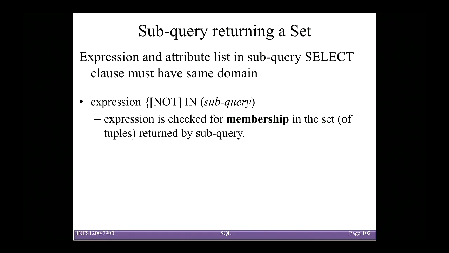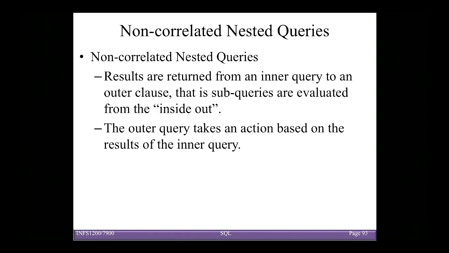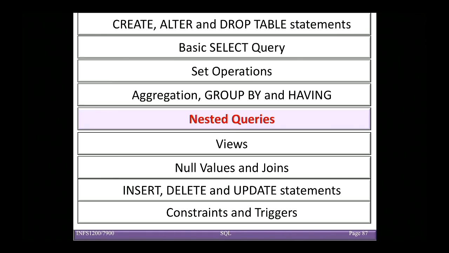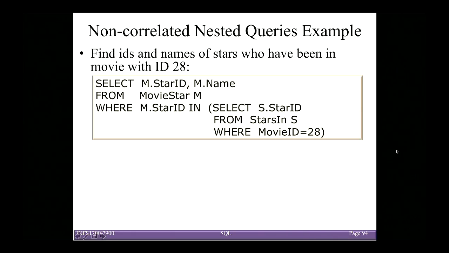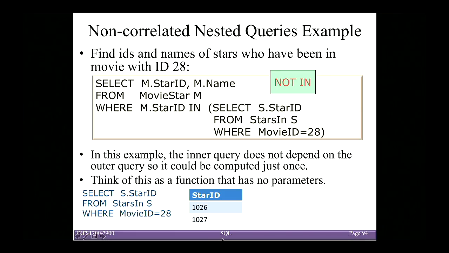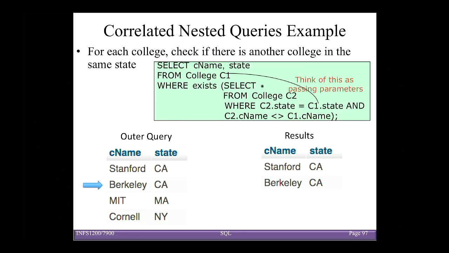This is kind of like this example here, where this is returning a set of values, and then in the second part you're checking the membership. You're checking whether the movie star is going to be within the set or not. So a set is being returned, and then you're doing some sort of membership checking in terms of what was being returned.